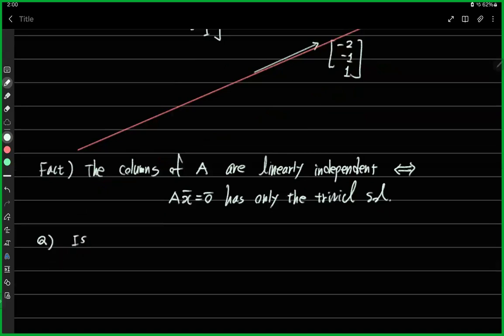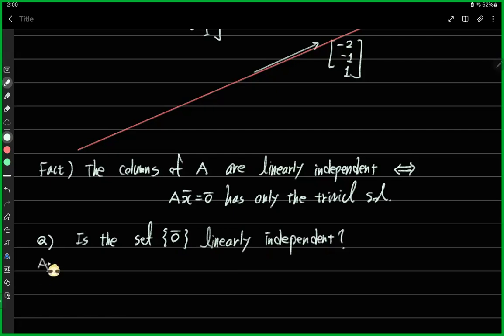Is the set that contains only the 0 vector linearly independent? What do you think the answer is, yes or no?